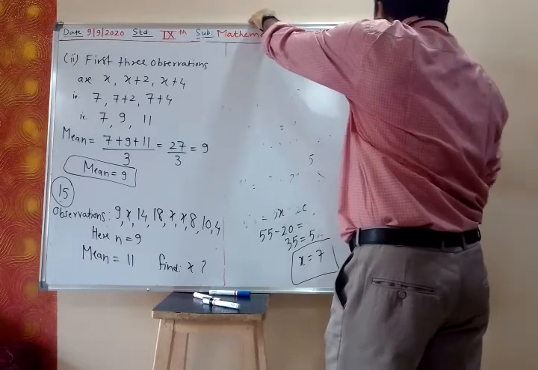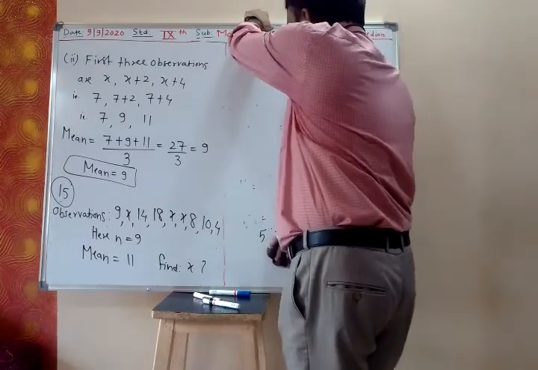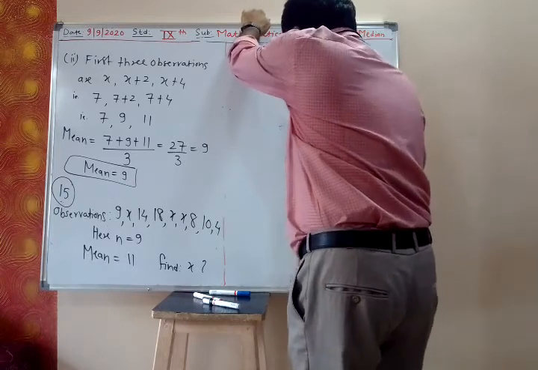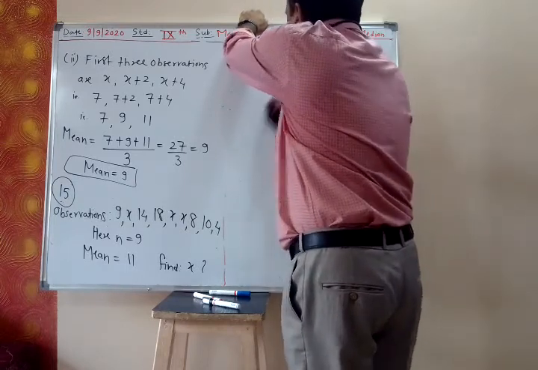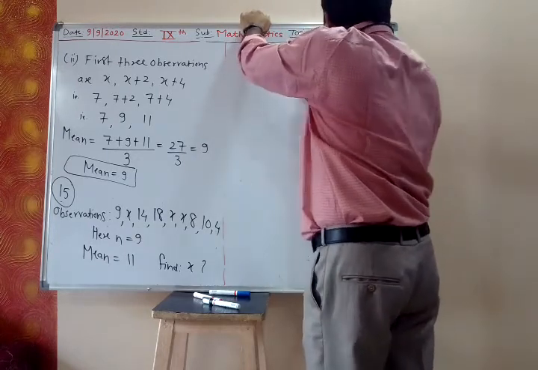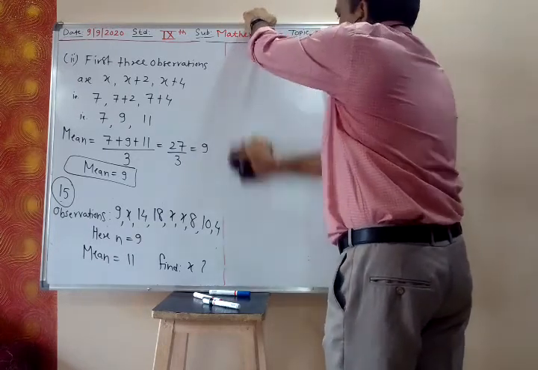It does not matter how many x are given. We have to add all the values and divide the total by the total number of values to get the mean.